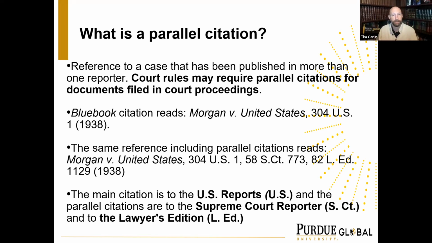This is what a parallel citation will look like. Again, the first portion is the same, party name, 304 U.S. 1, comma. This is the parallel citation, 58 S.Ct. 773. And then you have the Lawyers' Edition. So depending on the court you're filing your memo or your motions with, you may need to provide the parallel citation.